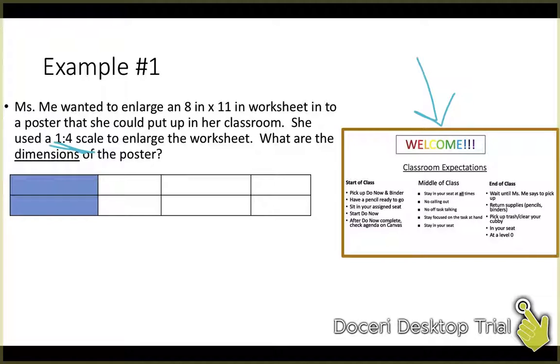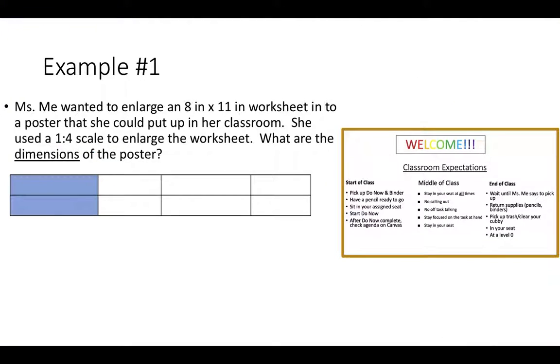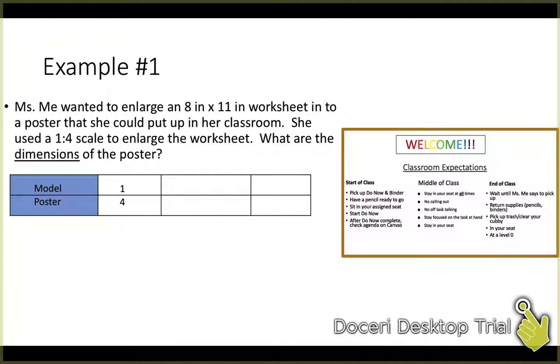So if you recall, we had our guide fraction. So we had our model over our poster. So for example, the worksheet over the poster. And our scale was 1 to 4. And I needed to find how much 8 inches was.